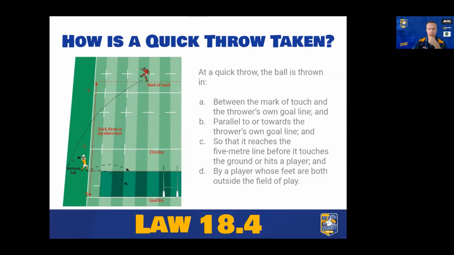So all of these sanctions for the above are options of the lineout or scrum. So if any of these are not done, then it's an option of lineout or scrum. However, if it's taken ahead of the mark of touch, then the throw doesn't count. We just bring it back to have a lineout at the mark of touch. So that's not a sanctionable offence.